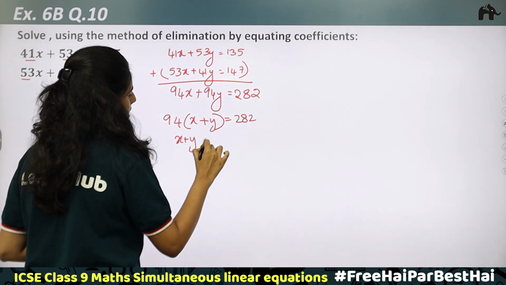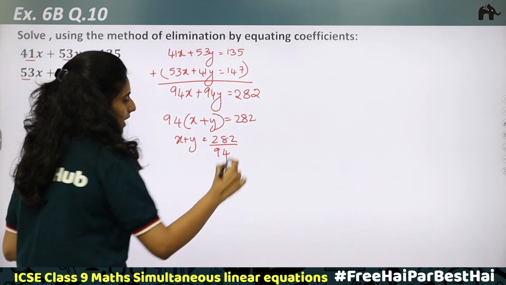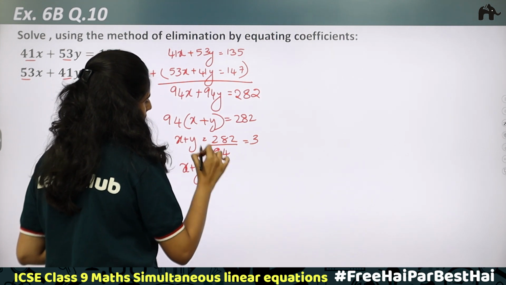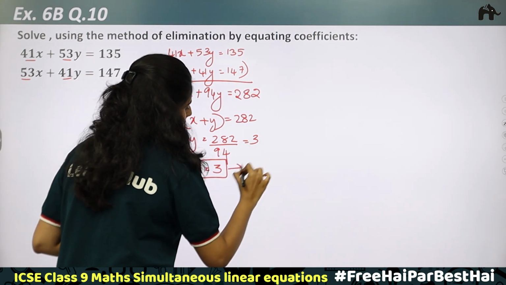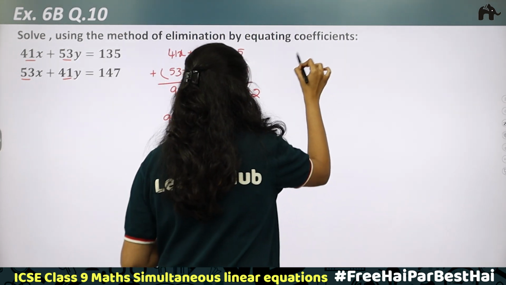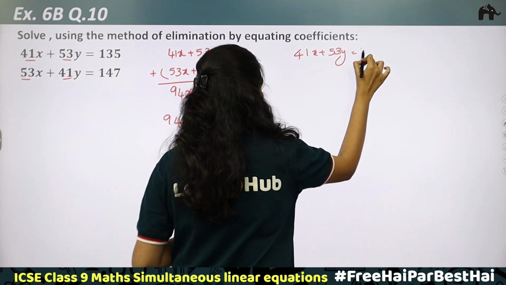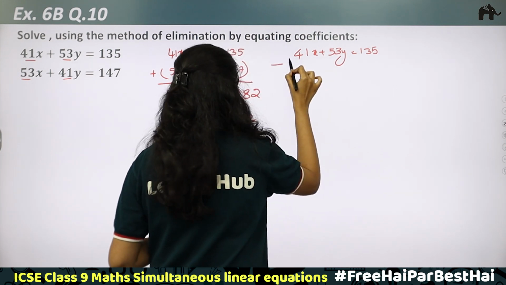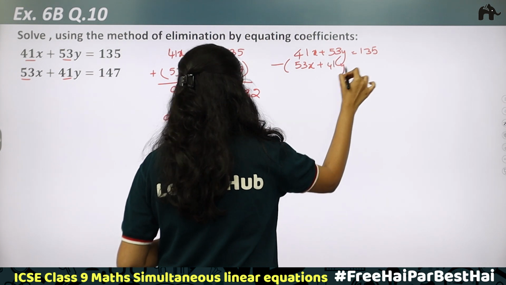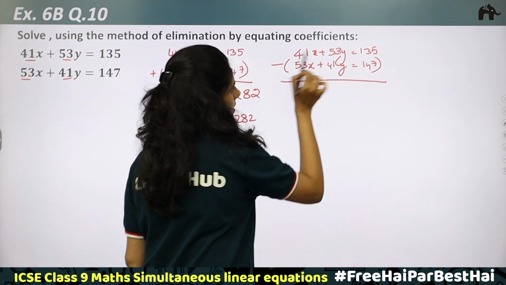x plus y is equal to 282 divided by 94. You will be getting 3. So, x plus y is equal to 3. This is the first equation. Now, to get the second equation, we are going to subtract: 41x plus 53y is equal to 135 minus 53x plus 41y is equal to 147. 41x minus 53x, what do we get?